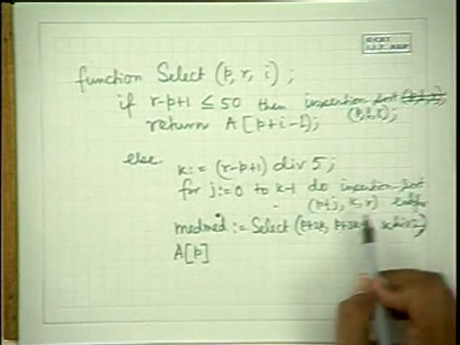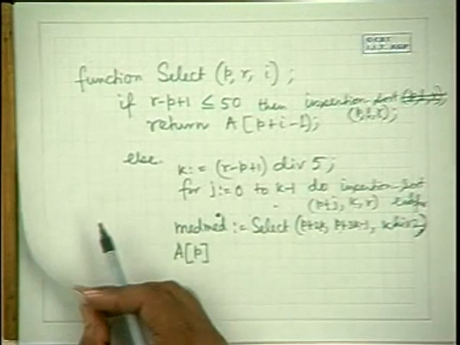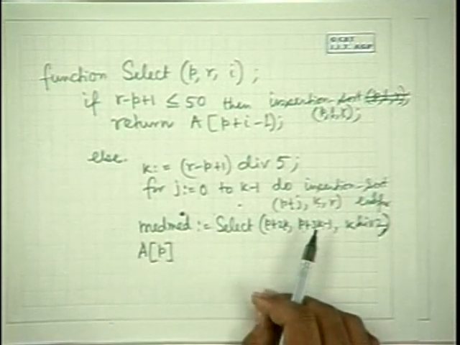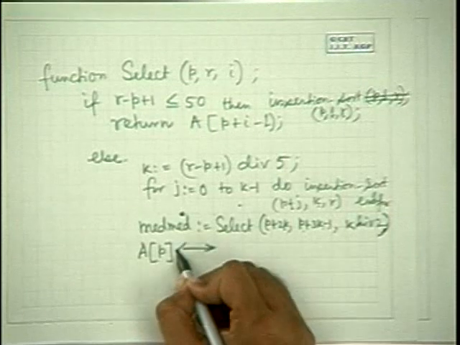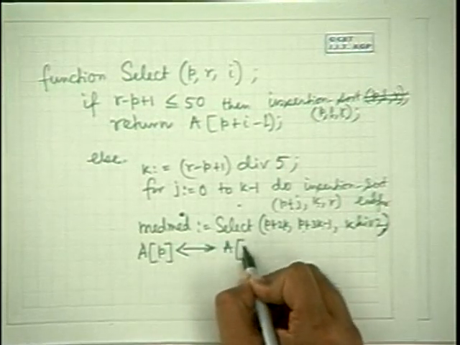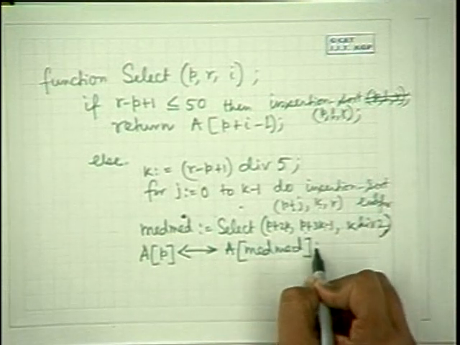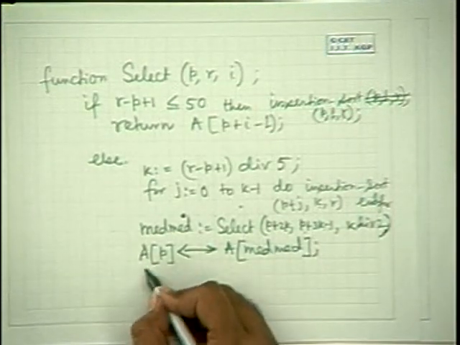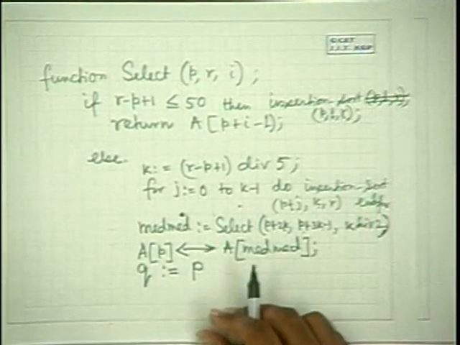There is nothing after n for. AP is A mid. You just write it, okay? You cannot see now?